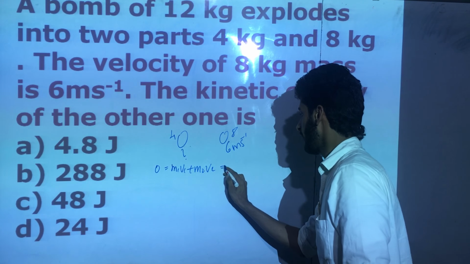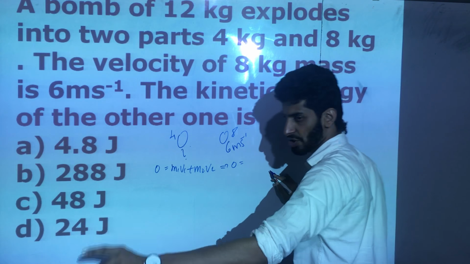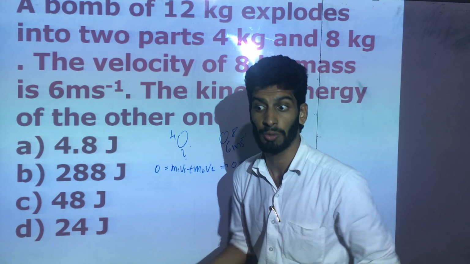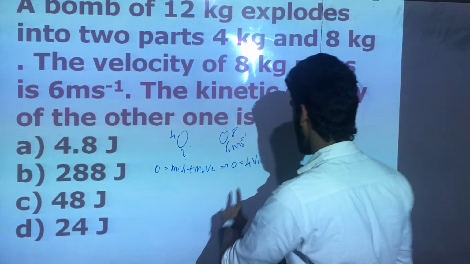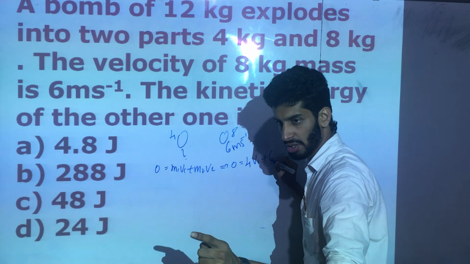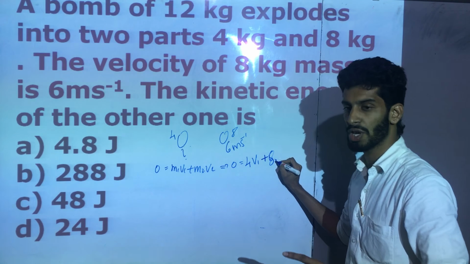That implies 0 equals m1 is 4, v1 is unknown, but that's what I want to find, to get the kinetic energy of the 4 kilogram mass, plus m2 is 8 kilogram times v2, which is given.